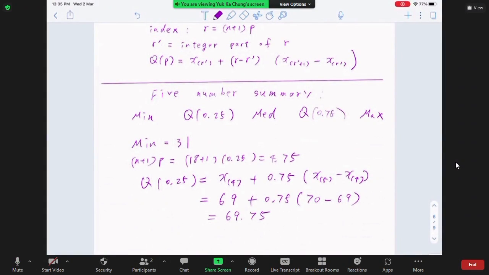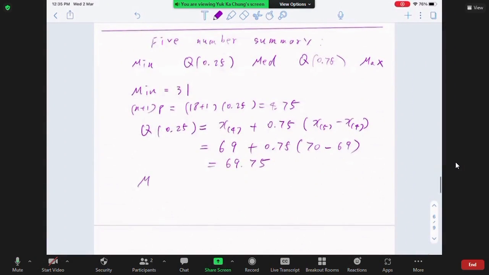Now, some students ask me if you use a calculator with the quantile function, you may not get the same result. Or if you use R, you may also not get the same result. This is what I've mentioned before. There are different formulas for computing the index, so the quantile computed will be a little bit different. Okay.